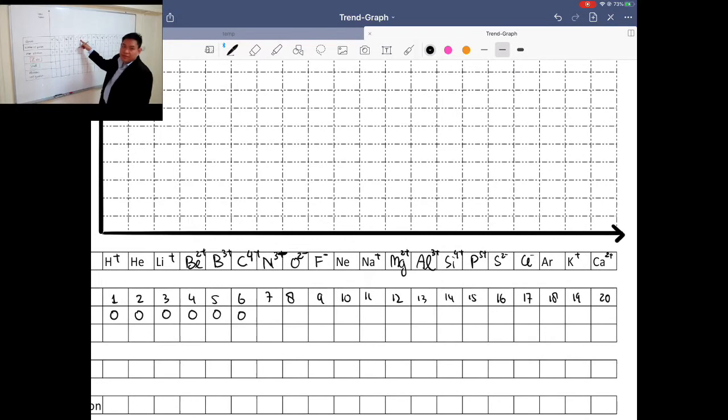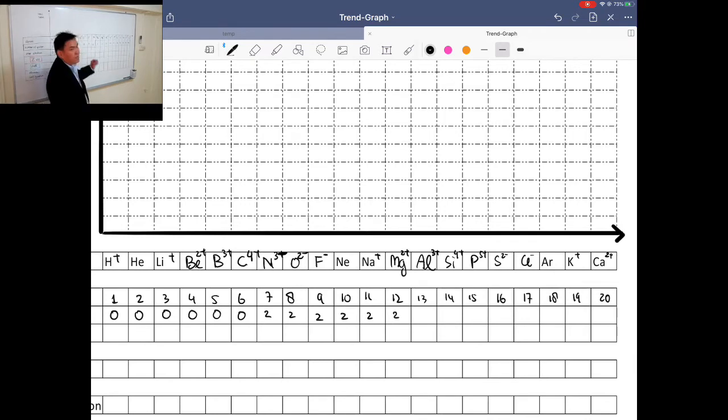Starting from nitrogen 3- all the way until silicon 4+, each of them has 10 electrons, and there will be 8 electrons on the outside and 2 on the inside.